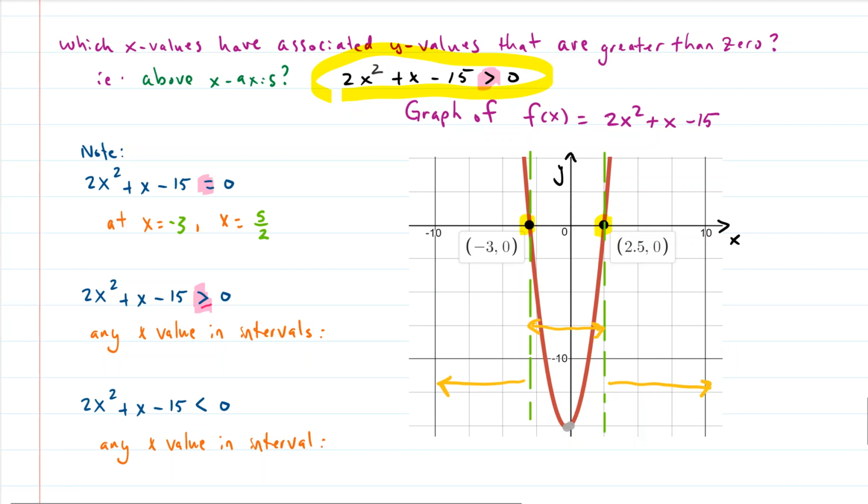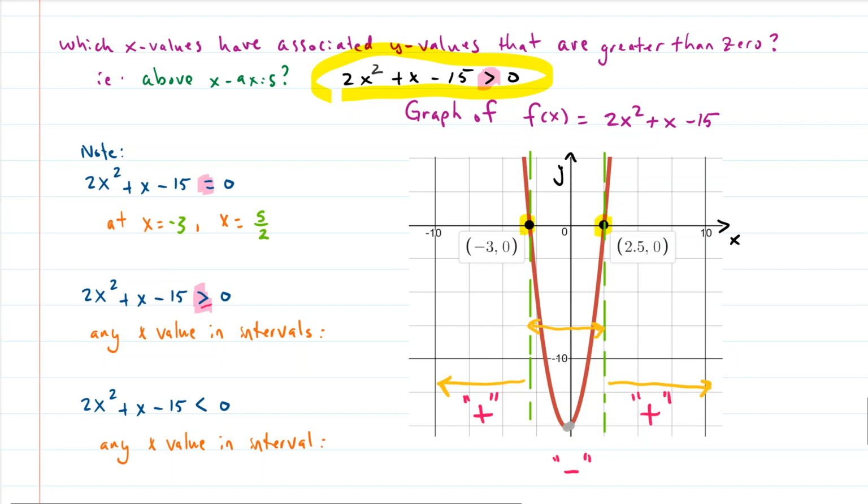Well, we know where it's above the x-axis because we figured it out, right? Let's write these down. Here it's above from negative infinity to -3. It's above the x-axis. In the next interval, it's below from -3 to 2.5. And then from 2.5 on to positive infinity, it again is above the x-axis.